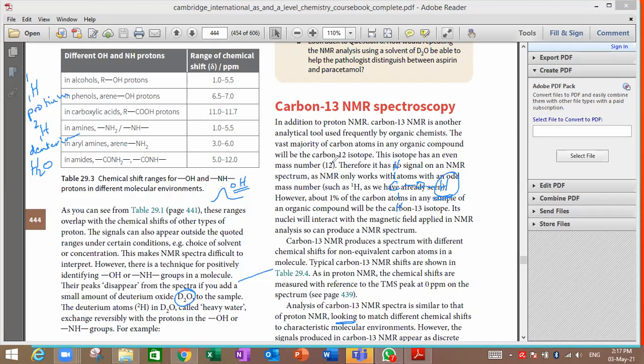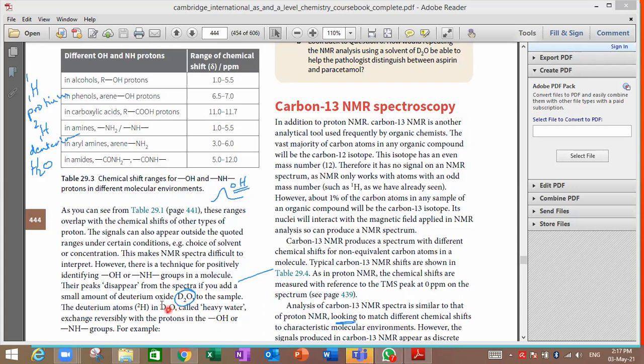It means that, Miss, can you repeat? Yes, we said that if I have a peak corresponding to an OH or an NH, I want to make sure that this is a peak of an OH and not a CH. So after taking the proton NMR spectrum in a certain solvent, we are going to repeat the NMR in deuterated oxide, in water that has hydrogens in the form of deuterium, not protons.